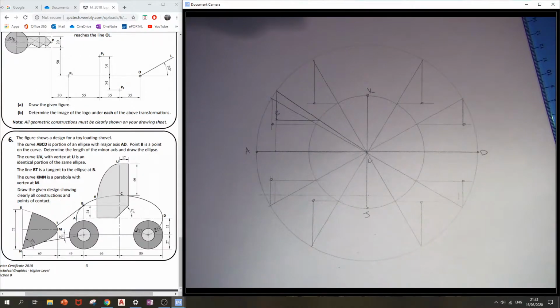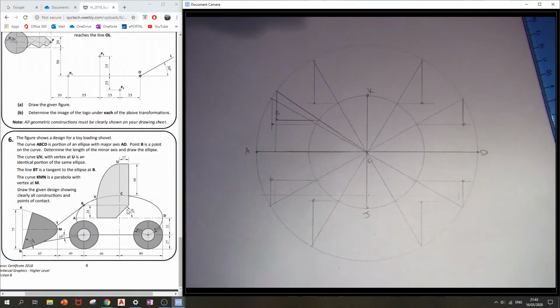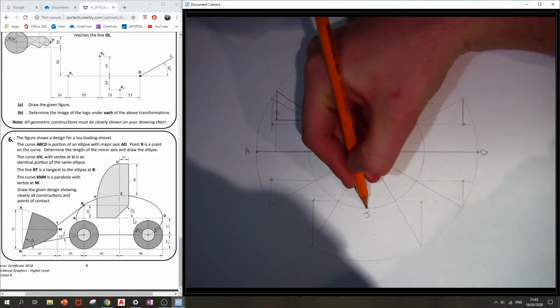Now in the question we're told that only from A, B, C, D is a portion of the curve in our ellipse. Okay, so I'm going to just draw in this ellipse, but it's going to be in light construction lines for the start. Okay, so again everything's freehand.